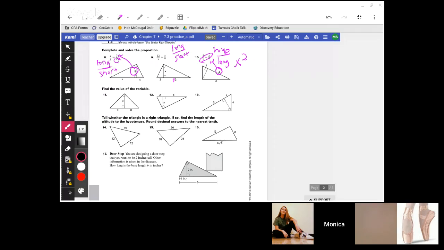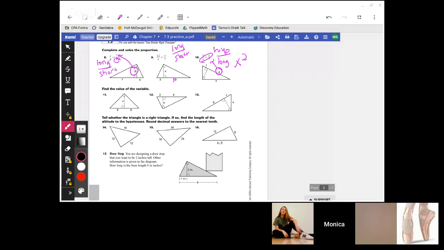Okay, good. So now, let's see, girls. We said 16 and 17 also. Do you still need help on those, or did explaining 8, 9, and 10 help you? Okay.